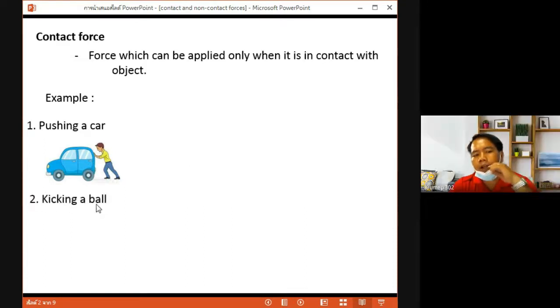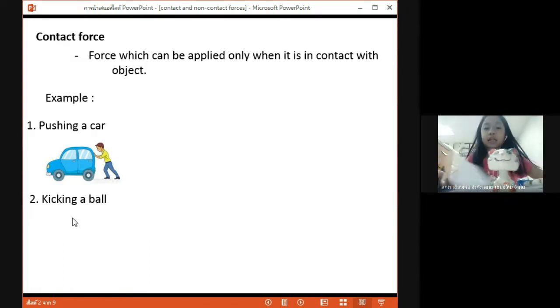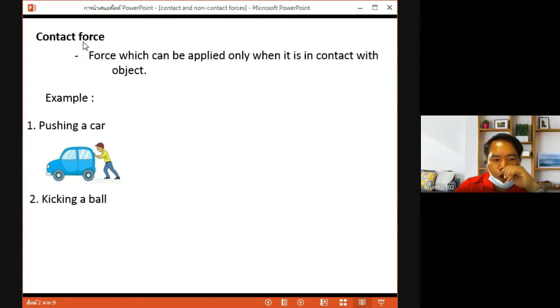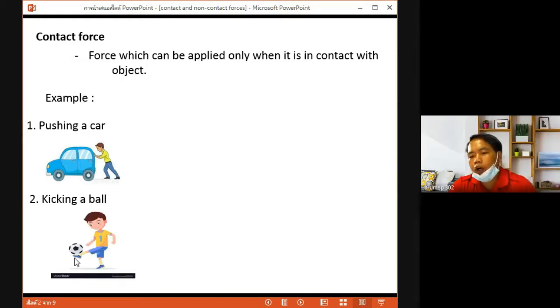Another example is kicking the ball. If you are going to kick the ball, it will contact your foot first.